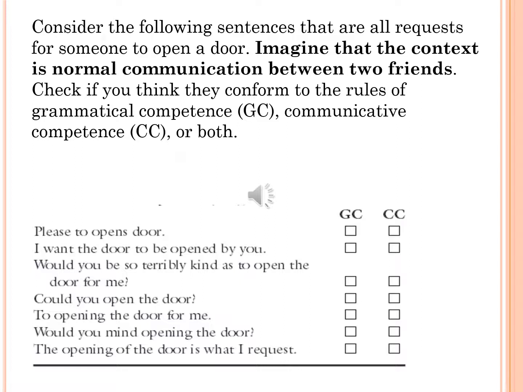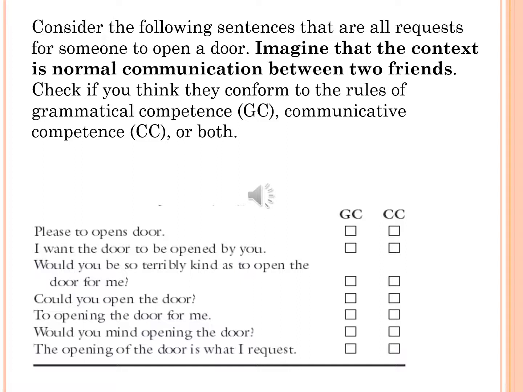So although the grammar versus context, communicative competence argument kind of continues, what's more important, that they have accurate grammar or that they have an accurate communication and just fluently say something and we figure out what they mean? In the context of these sentences, I can tell with all of them that even with tonal differences, regardless of what they're saying, all of these sentences are understood by me.